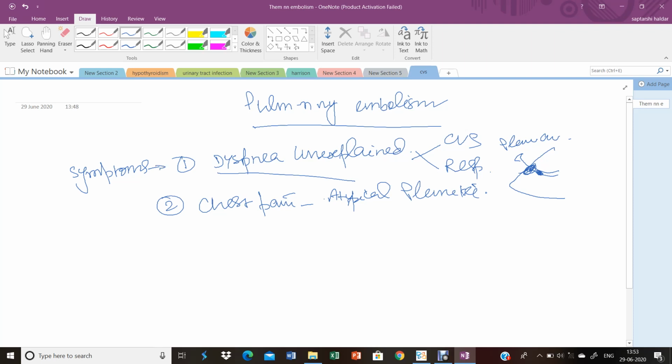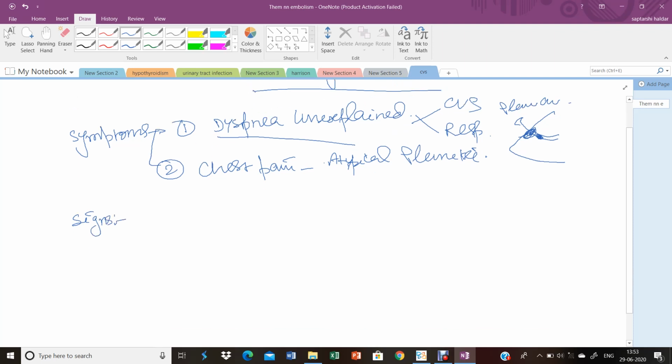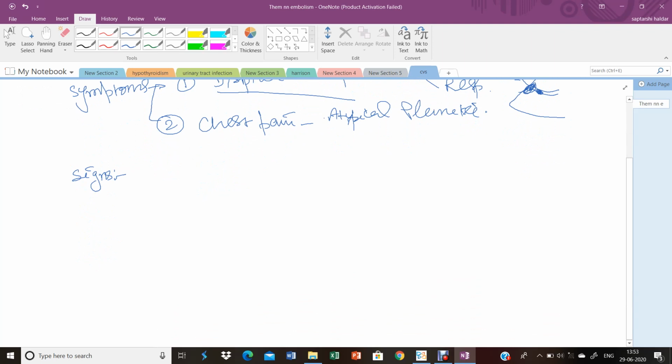These are the two most common symptoms. Let's see the signs. The most common signs are increased heart rate, tachycardia, and tachypnea.